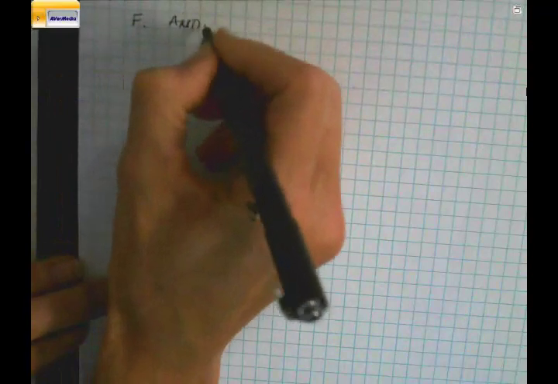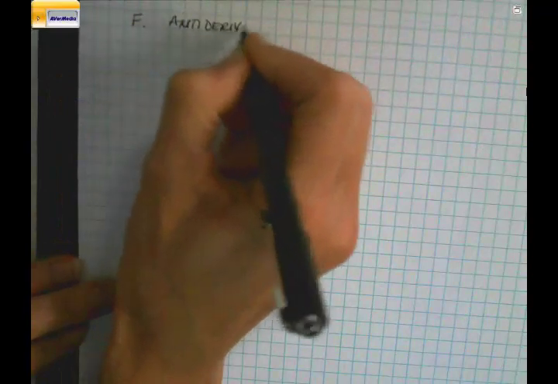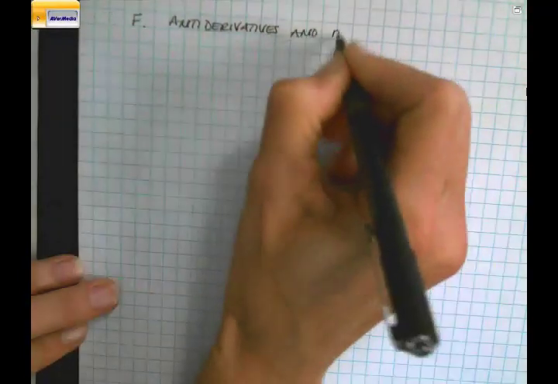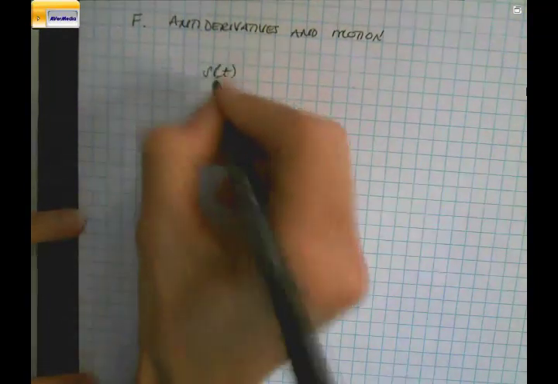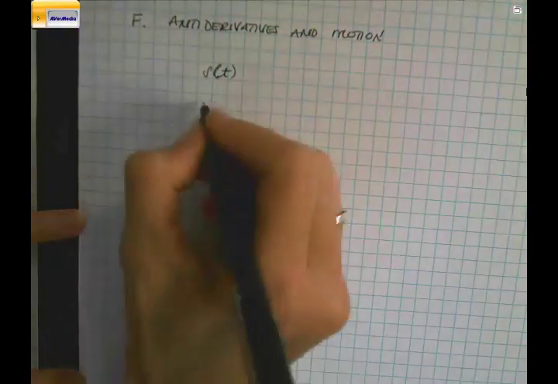Okay, antiderivatives and motion. You have your position function, s of t. When you take the derivative of the position function, what do you get?